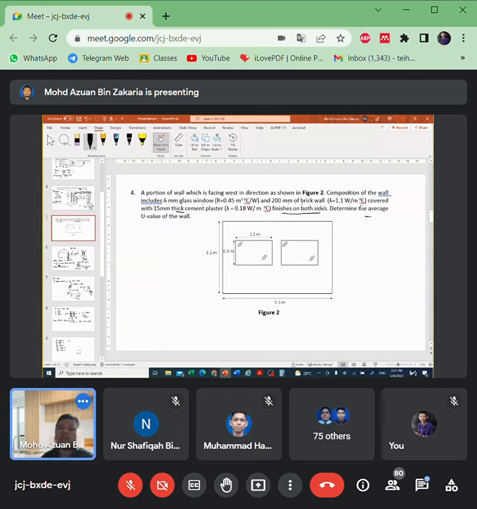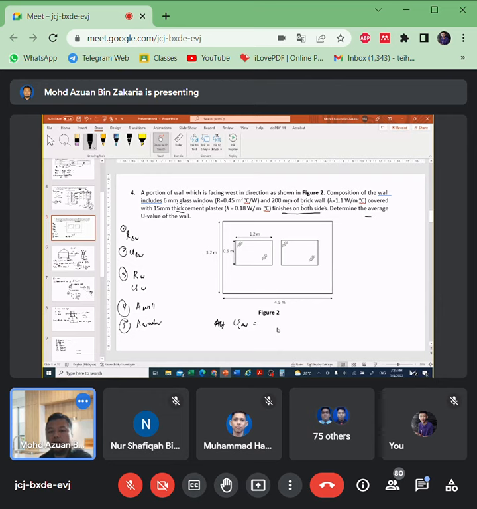Determine the average U value. From this information, you need to calculate R brick wall first, step number 1. Number 2, U of brick wall. Number 3, R value for windows, then U value for windows. Number 4, area for wall. Number 5, calculate area of window. From this, you can calculate the average U value.